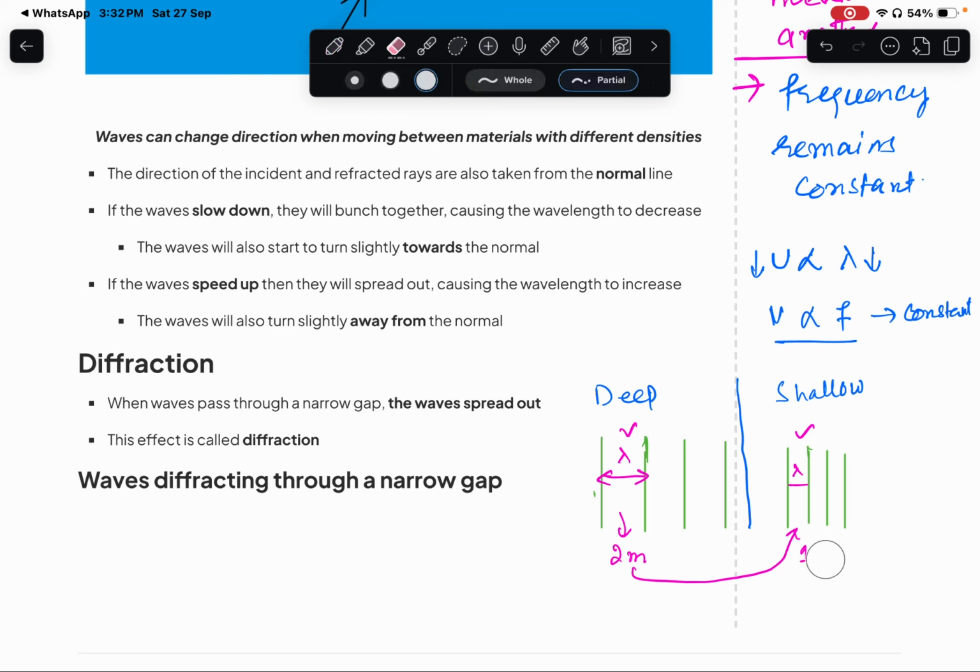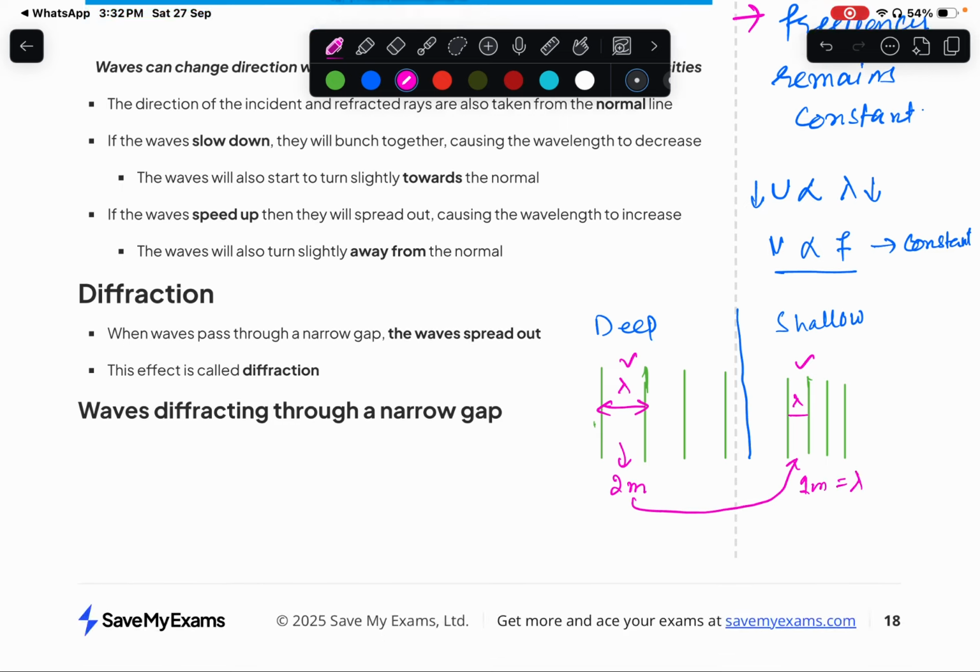So if the wavelength is 1 meter in the shallow region and 2 meter in the deeper region, the frequency is the number of cycles or number of waves. Let's say the number of waves is three or four or whatever, and the frequency is, let's suppose, 2 hertz.